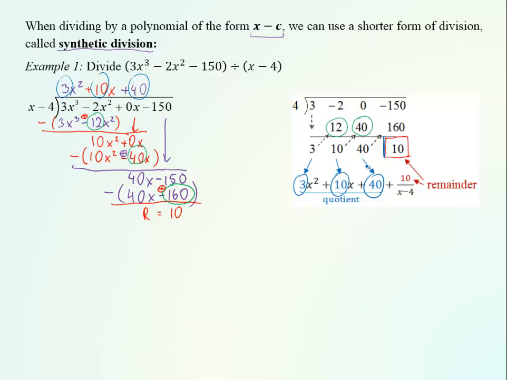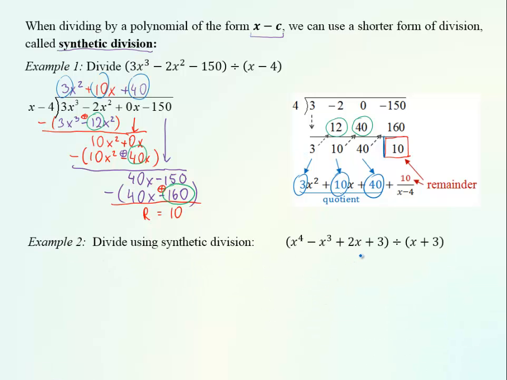The first number from the right is your free term, the second is the coefficient of the linear term, the third is the coefficient of the square term, and so on and so forth. If there are more numbers, it will be the coefficient for x cubed, for x to the fourth, and so on. So that's how we read the information from synthetic division.